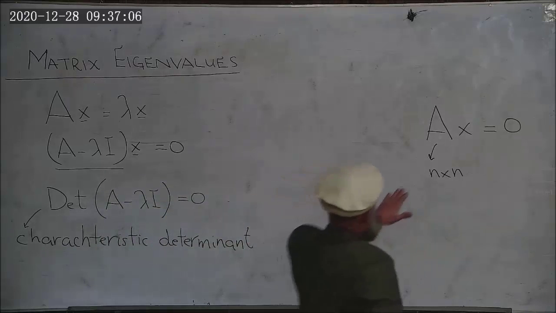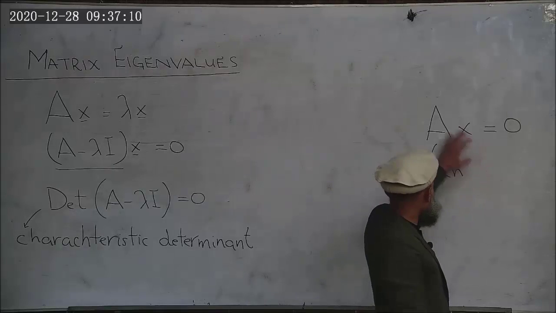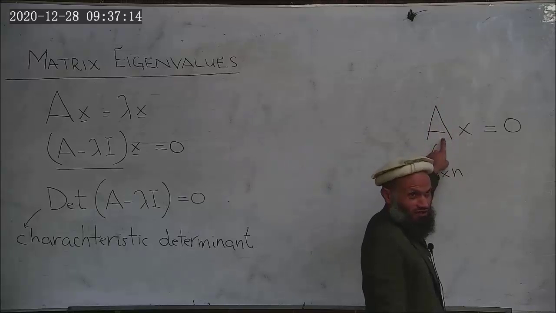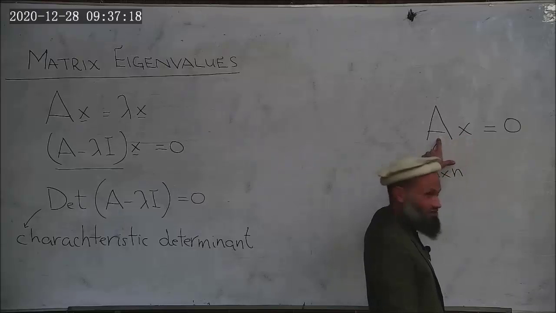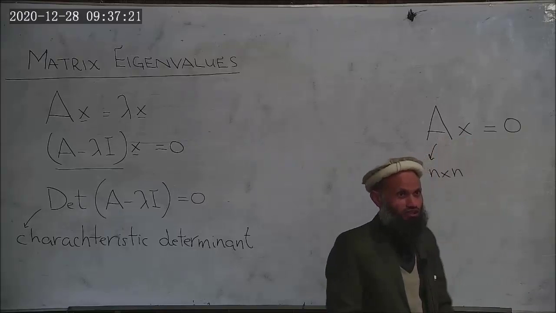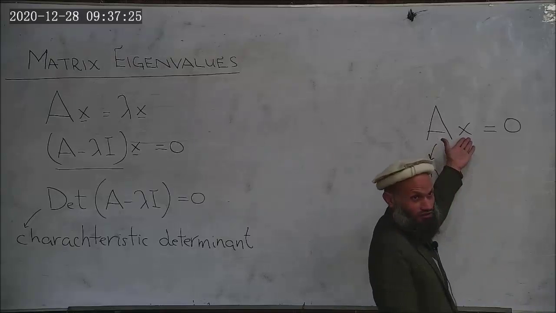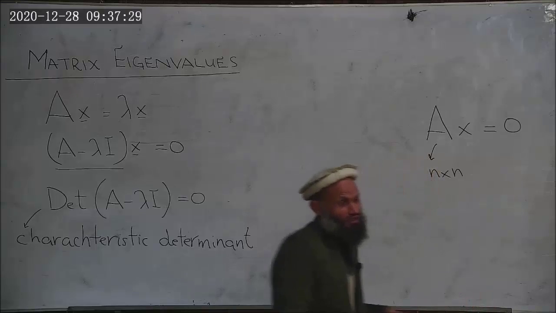So here is a system of equation, we have made a discussion on it. If rank of this matrix is equal to n, the number of unknowns and the size of this matrix, then there is a unique solution, and that is obvious, x equal to 0 is the trivial solution.